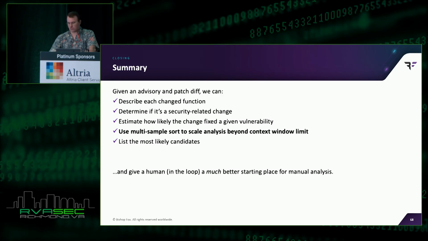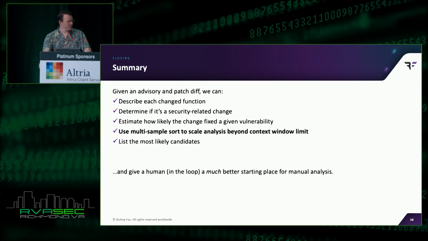Now, just to bring us to a close before some Q&A, this is the same recap I did a moment ago. You can describe the change function. Is it security related? Does it fix this given vulnerability? But we've also shown how we can use a multi-sample sorting algorithm to handle the limited size of the context window and also mitigate the non-determinism that we see in LLMs.